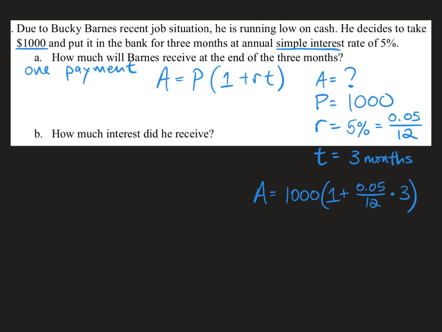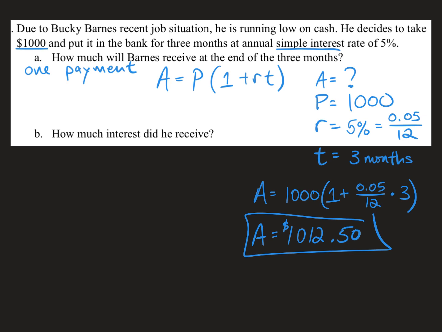And from here, you can just substitute everything onto a calculator and get a final answer, which is $1,012.50. So there's your answer to part A.